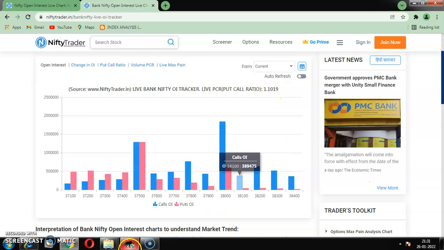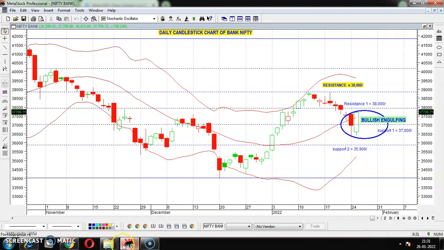So let me go to the chart once again. As far as the chart is concerned, I told you that if the market moves towards the upside, I explained in detail what the positive side is and what the negative side is.